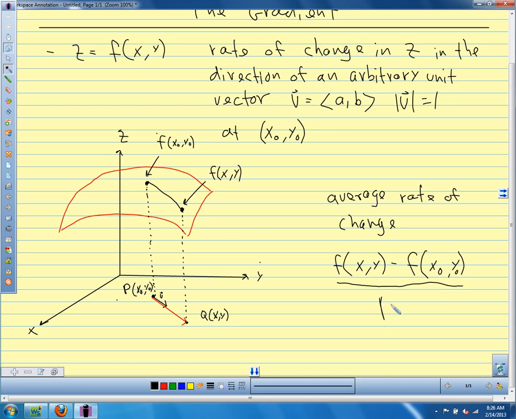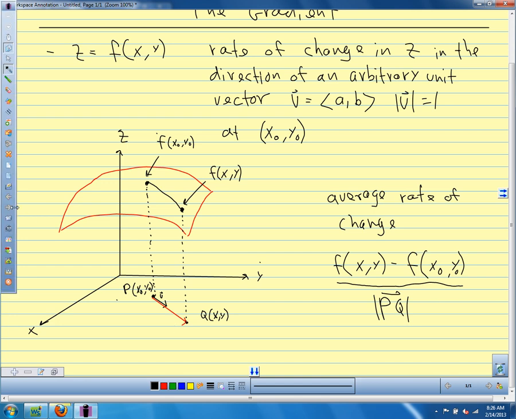We're taking the change in the function and dividing it by the distance that we've traveled in the xy plane. So this is our average rate of change. And we're interested in an instantaneous rate of change, so we're going to take the limit as the magnitude of PQ approaches 0. That's going to be our next step.